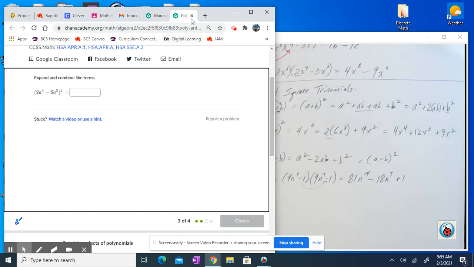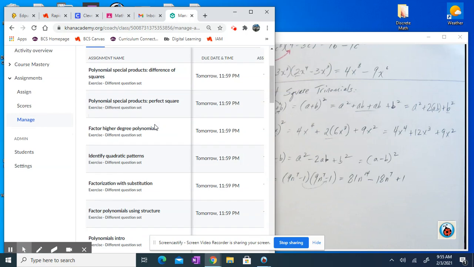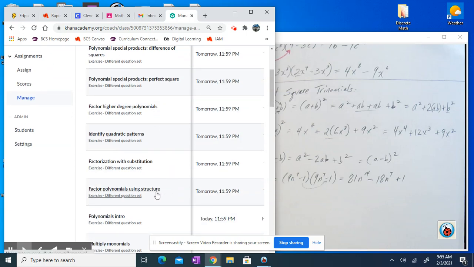Okay, let's look at another set. So we've got factor polynomials using structure. I'm not sure what order to go in here, so I'll just take them in the order that they're in. Factor higher degree polynomials. Let's see what this is.